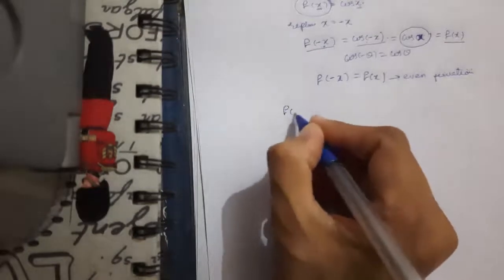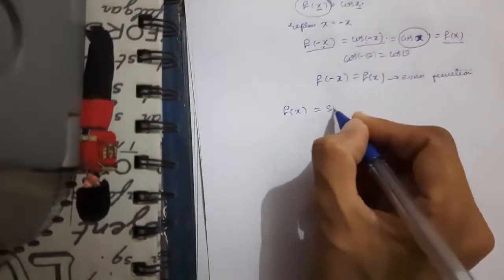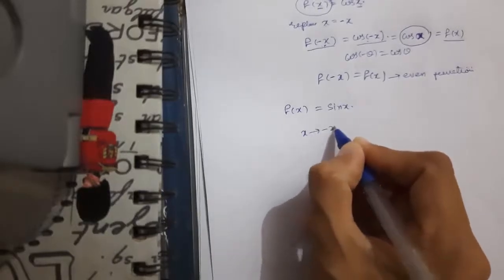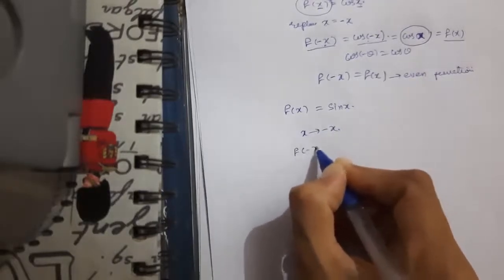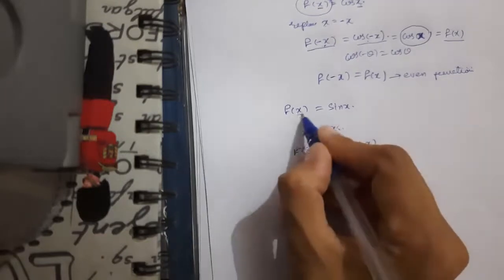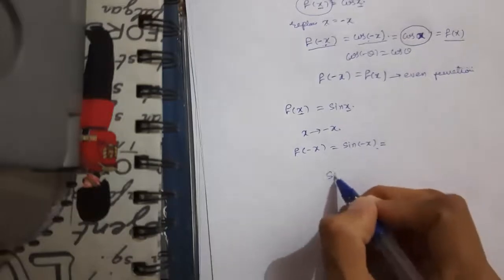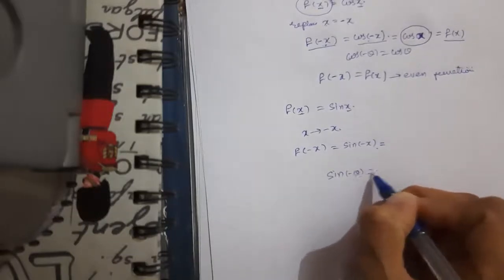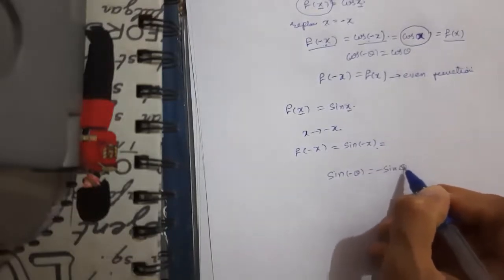Okay. Next, I will take another example, f of x equal to sin x. Okay. Now again I will replace x with minus x. So I will get f of minus x equal to sin of minus x. I changed this x with minus x. Now we all know that sin minus theta is equal to minus sin theta.